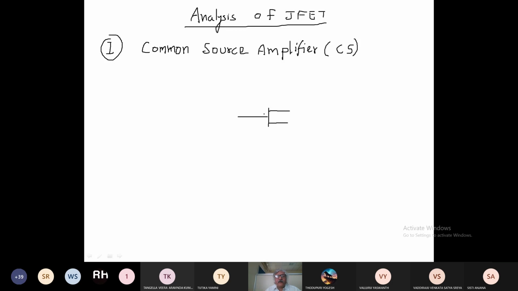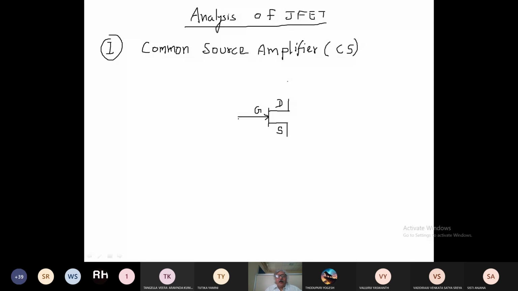This is our JFET, right? This is gate, drain, and source.